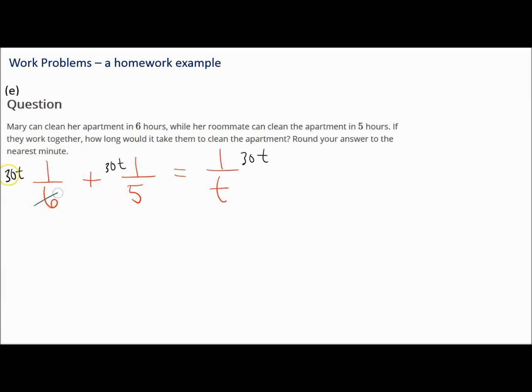Alright, so 6 divides into 30 5 times. And notice what we have left. 5 times T times 1 is 5T. Let's try that again. For the second fraction, 5 divides into 30 6 times. And then we have 6 times T times 1, so that's plus 6T. The 5 in the bottom is gone. The 6 in the bottom is gone.